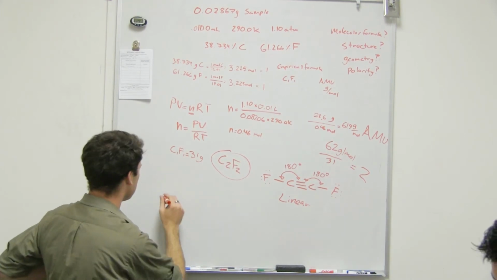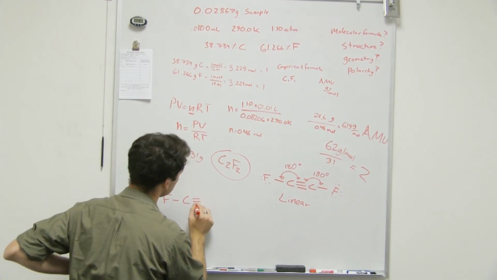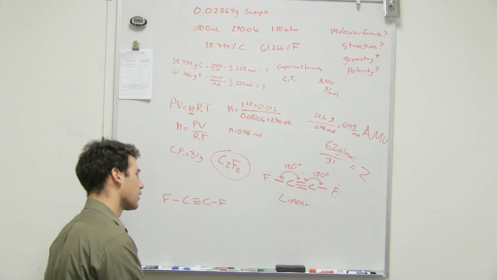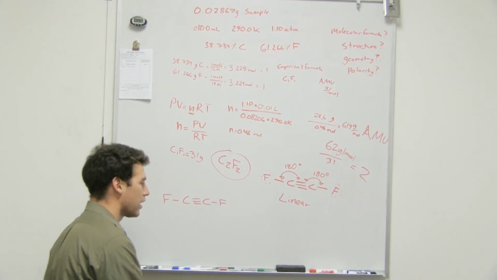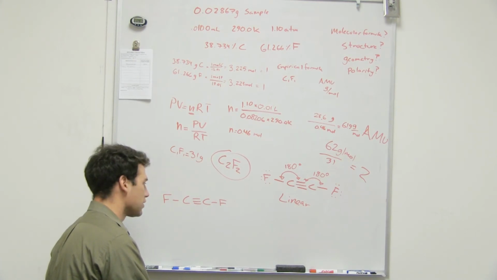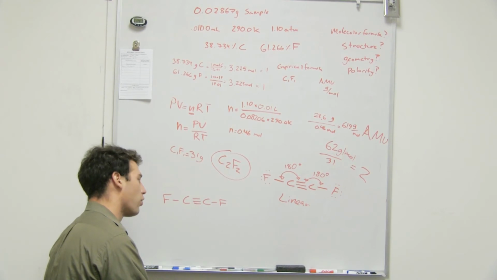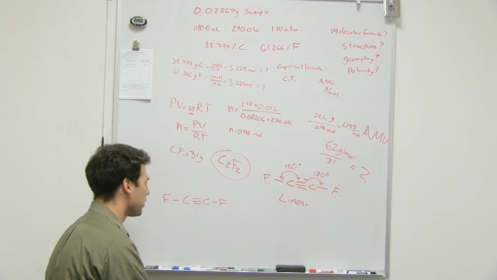Now let's look at the polarity. We know there's polarity because we're looking at different types of atoms. If they were similar atoms, there would be no polarity. Or if it was a C and an H, we would say there's no polarity because it's too small to matter.